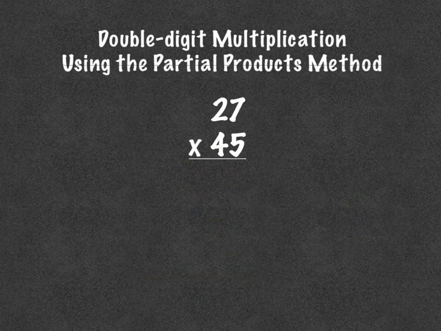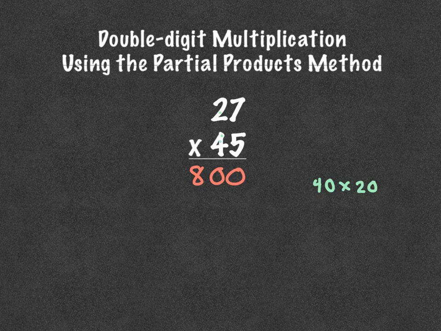Let's try one more. Again, 40 times 20, because they're our largest place values. Sorry, the 2 is a 20. So 4 times 2 is 8, and then we need 2 zeros. 40 times 7: 4 times 7 is 28 and a 0.